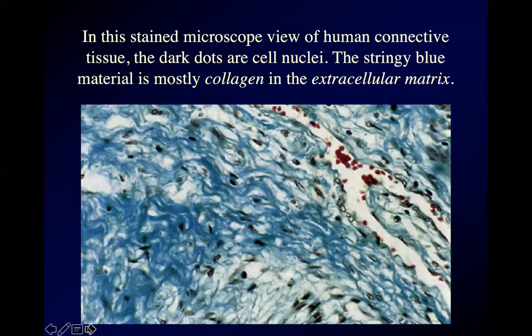Yeah, no comment there. Or inject it into your lips if you want fuller lips and things like that. Collagen injections get used as a plastic surgery technique. What they're injecting is more of the stuff that looks like blue cotton candy in this picture. It's not cells, it's the stuff outside the cells that holds them together, the extracellular matrix.